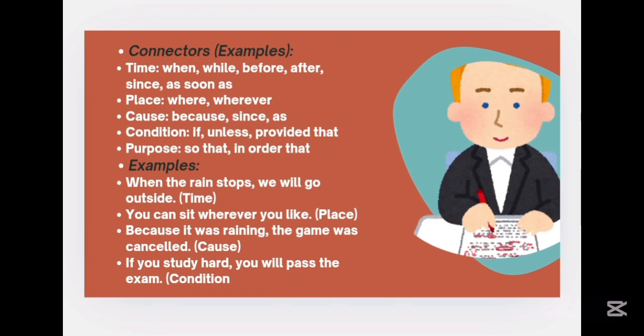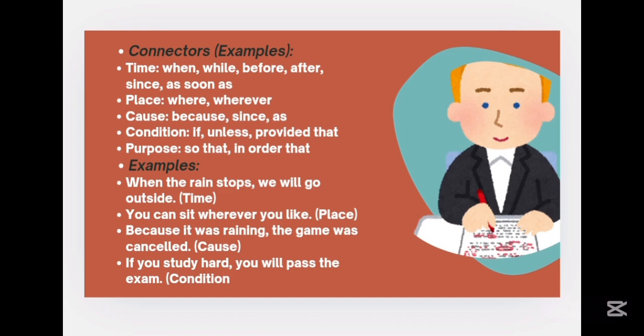Some common subordinate conjunctions include time: when, while, before, after, since, as soon as; place: where, wherever; reason: because, since, as; conditions: if, unless, provided that; and purpose: so that, in order that.